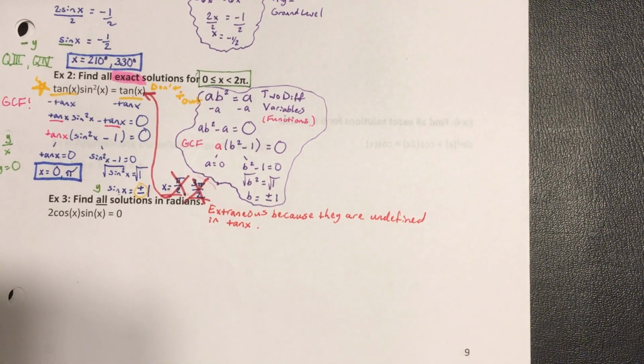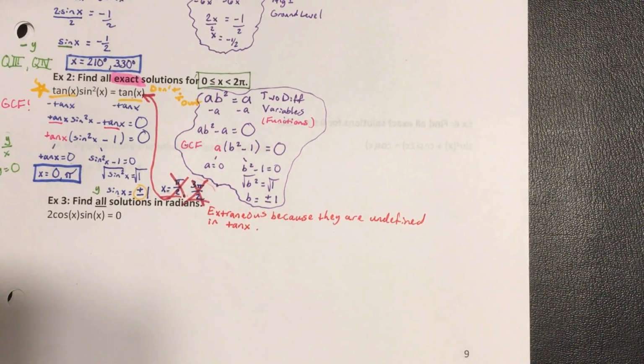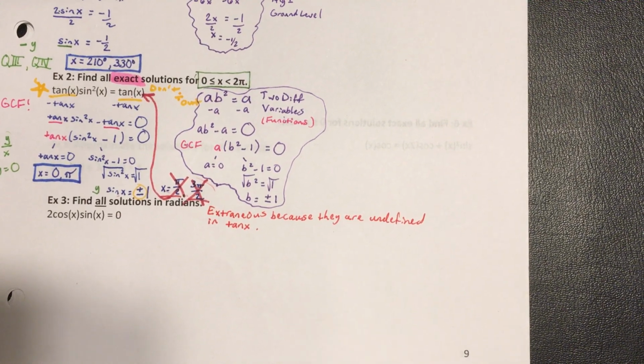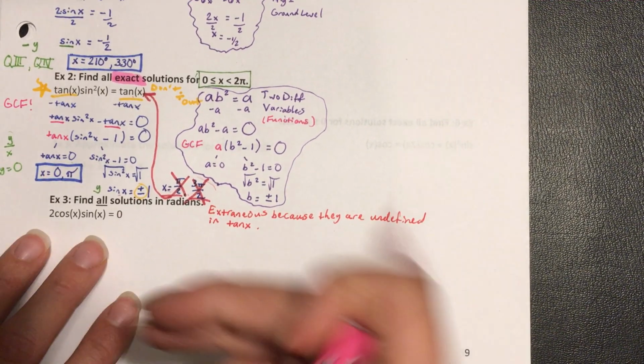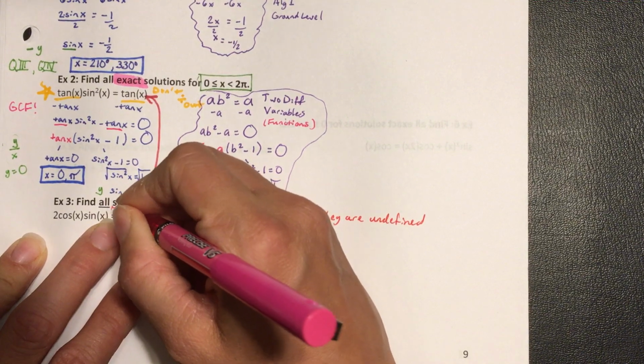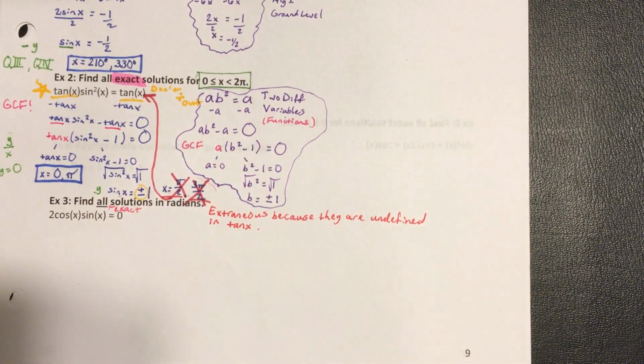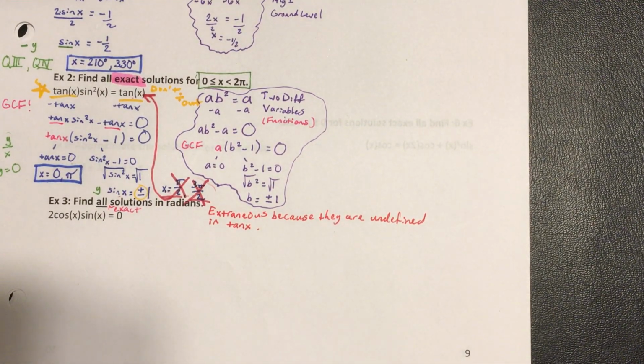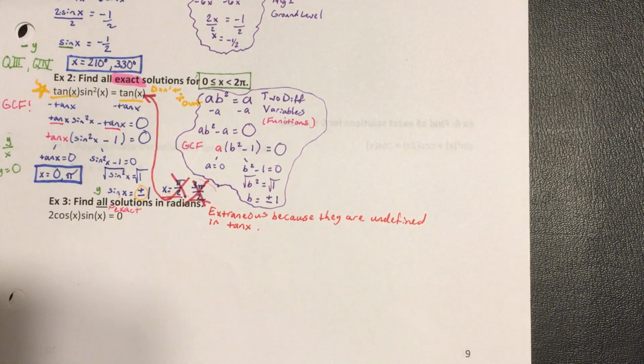Continuing with solving today, we're going to take a look at example 3, which says find all exact solutions in radians. We have added "exact" because we want to find the exact solutions using the unit circle.